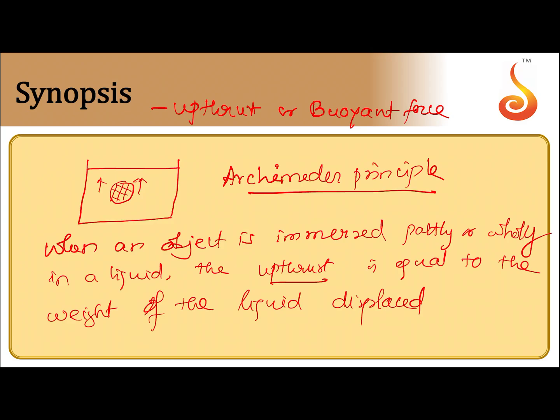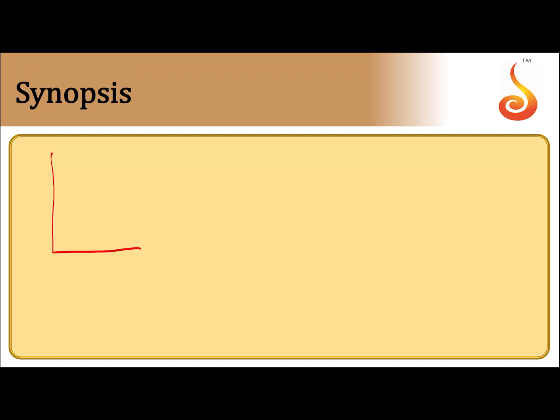The magnitude of the buoyant force is equal to the weight of the liquid displaced. That is, upthrust is equal to the weight of the liquid displaced by the object. And remember, this is applicable both for partly submerged objects, objects which are completely submerged, or an object which is submerged partially in two liquids. For example, this is one liquid, and this is another liquid.